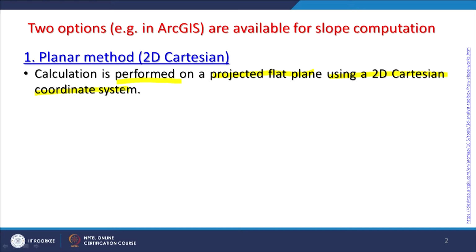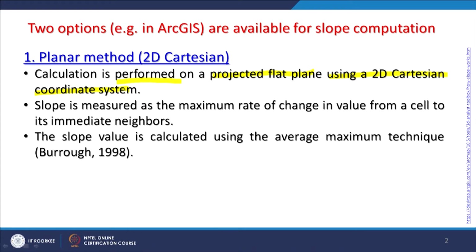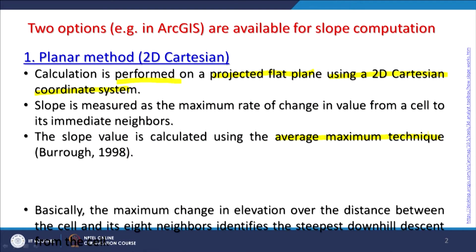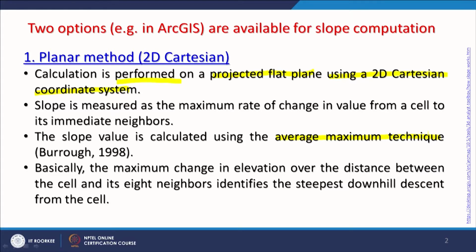Slope is the maximum rate of change in values, and the slope value is calculated with the average maximum technique, that is, the maximum change in elevation over the distance between the cell and its 8 neighbors. So, that means we are talking about a 3 by 3 matrix or kernel, which identifies the steepest downhill descent from the cell. So, it is a neighborhood analysis basically.